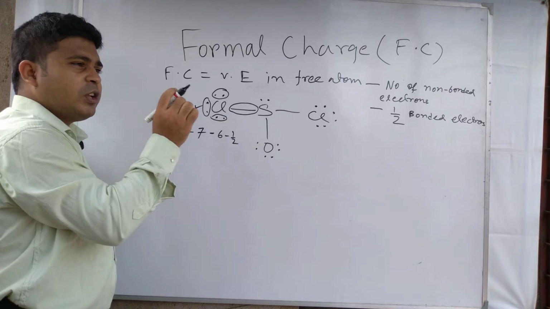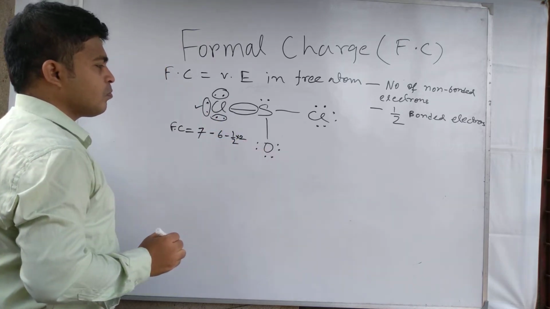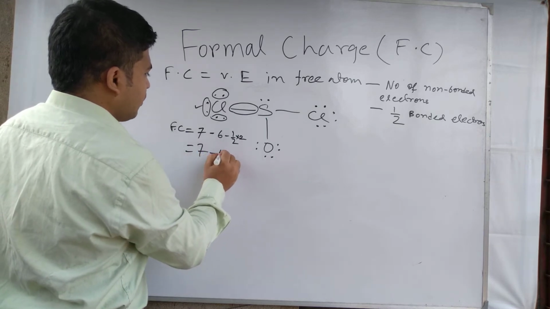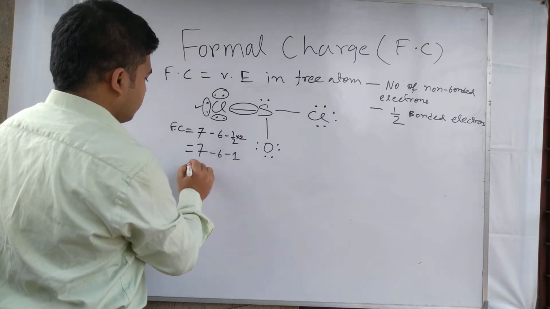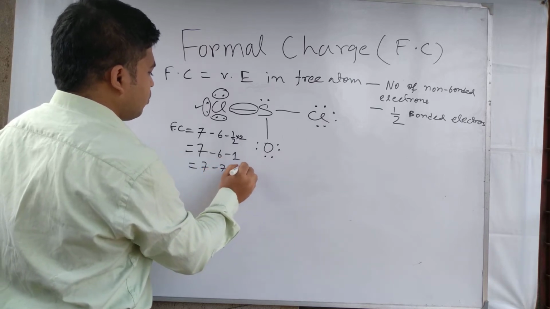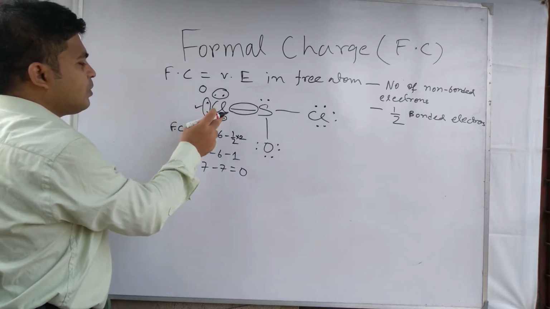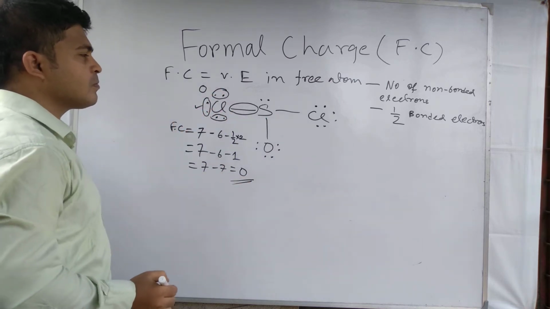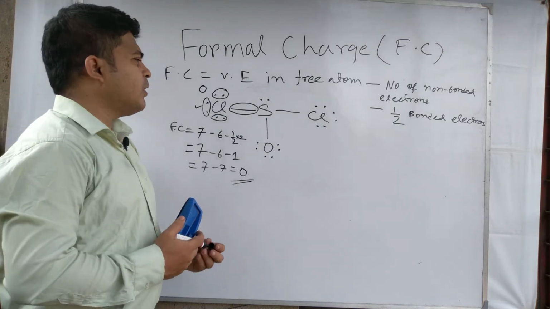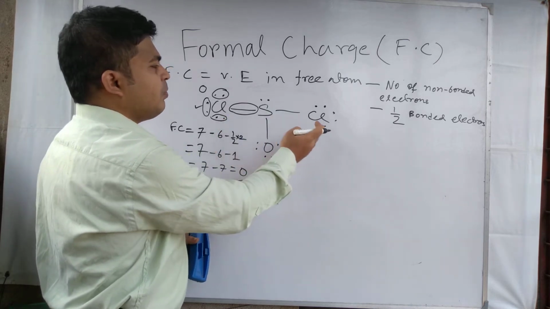Here one bond means 2 electrons, so half into 2. So the total is 7 minus 6 minus 1, that means 7 minus 7 equals 0. So the formal charge on this chlorine is 0. In this way formal charge is calculated. You can calculate the formal charge for the other chlorine also, and it will be the same.